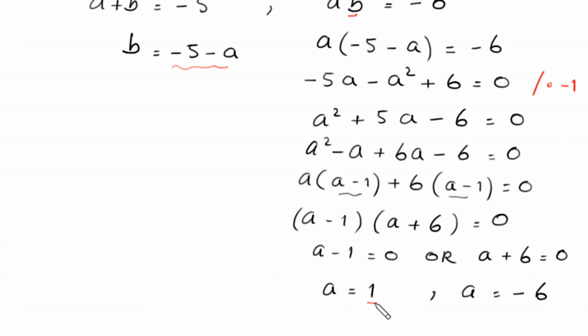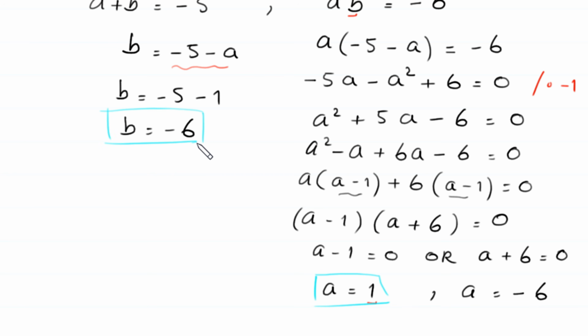So when a is equal to 1, then b will be equal to negative 5 minus 1, and b will be equal to negative 6. And when a is equal to negative 6, then b will be equal to negative 5 minus negative 6.